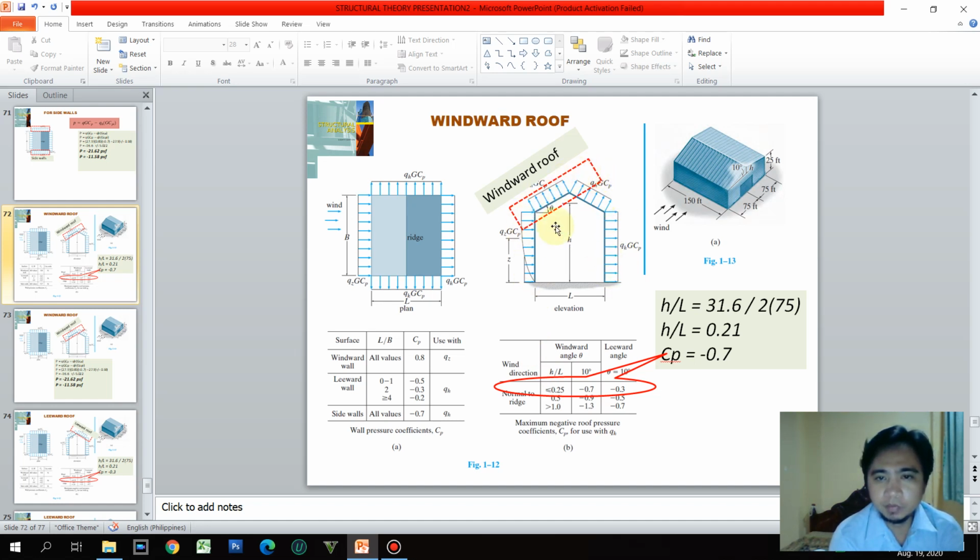We proceed now to the roofing. This time our criteria to locate its CP is H all over L. What is H again? It is the mean height, and that is 31.61, sorry, 31.6 all over the L, the same L, 2 by 75, and that is equivalent to 0.21, and it is less than 0.25, so meaning at 10 degrees, that is negative 0.7 as its CP.